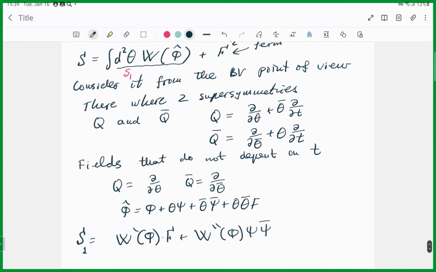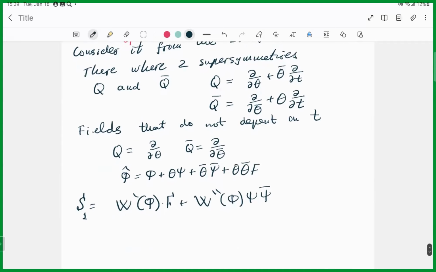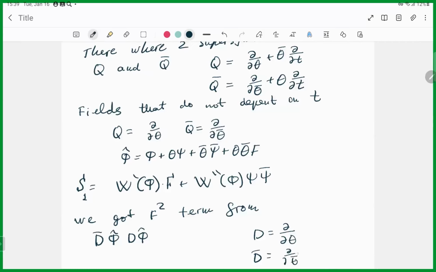Now, how did we get this f squared term? From what we called d bar phi, d phi. But now d is again d over d theta, and d bar is d over d theta bar.